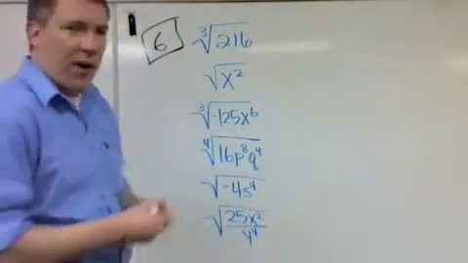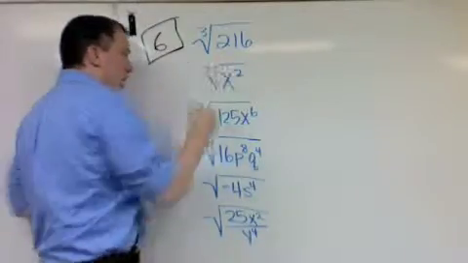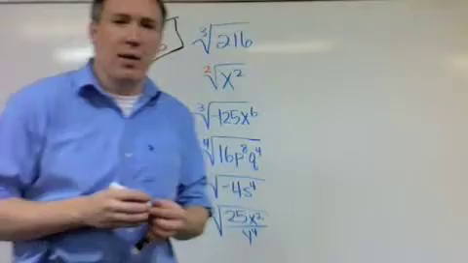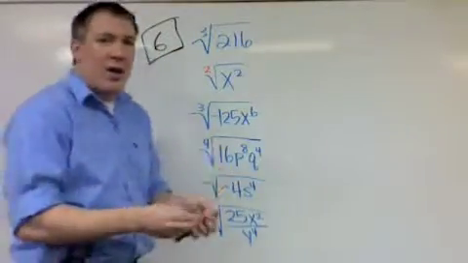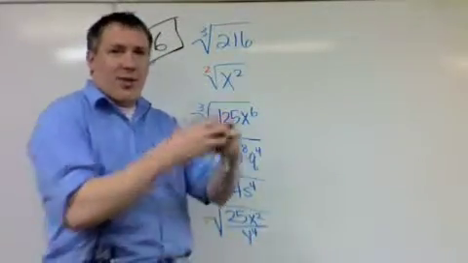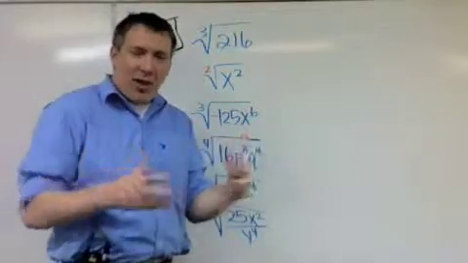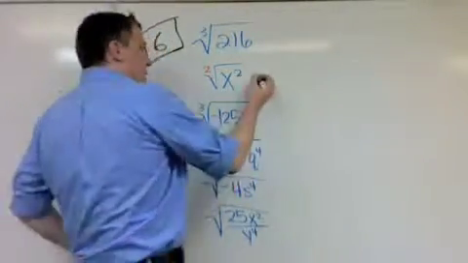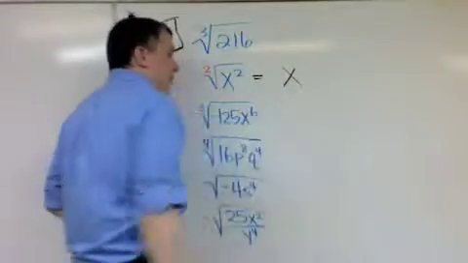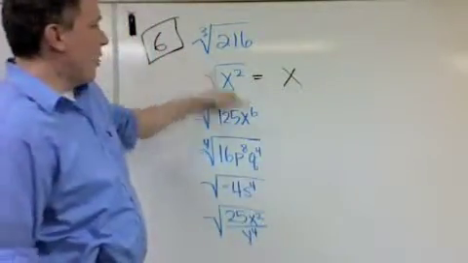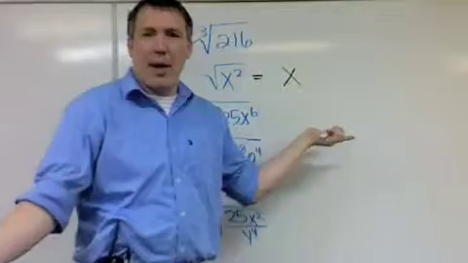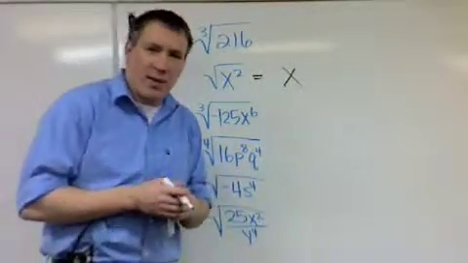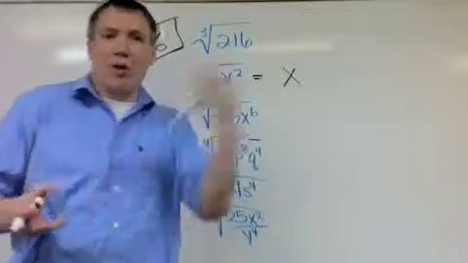If I were to write a number, it would be 2, but that's never written because it's assumed on the square root. Well, the square root of x squared, what thing squared equals x squared? Hopefully you can answer with me that, yeah, that's x. If I square x and then take the square root, I'm back to where I started. They do the opposite process, right? Say 4 squared is 16.